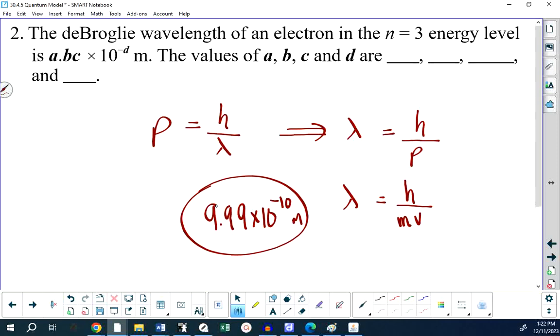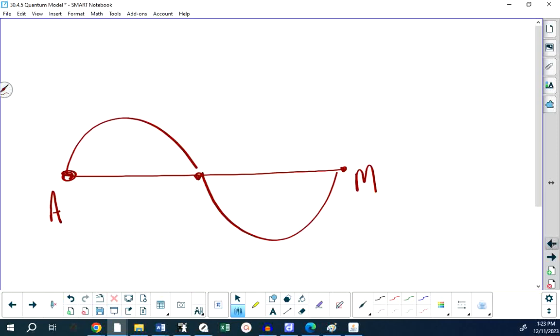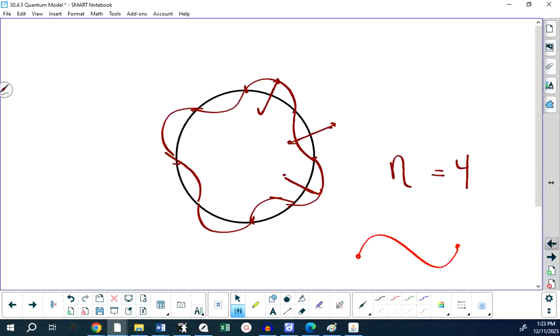Okay. Christian asked the question, how did Bohr get his hands on this information? And I said, well, it has to do with this underlying assumption that the de Broglie wavelength of the electron is a length that will fit the number of times in the orbit that the energy level is.